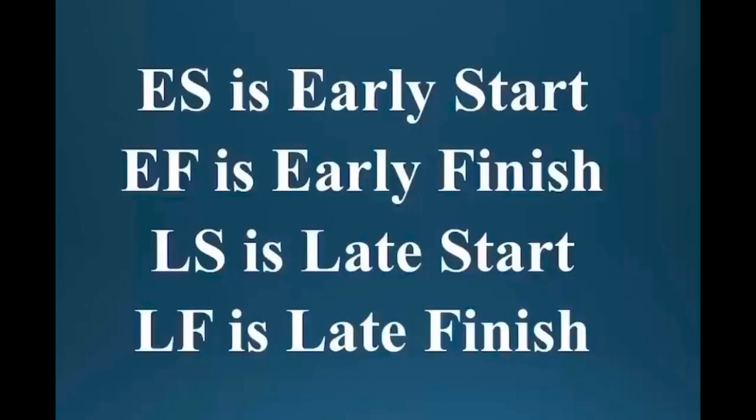It also shows us the duration of all the activities, and it shows us the earliest an activity can start without delaying the project, the earliest it can finish, the latest it can start without delaying another activity or project overall, and the latest it has to finish by not to delay the project.